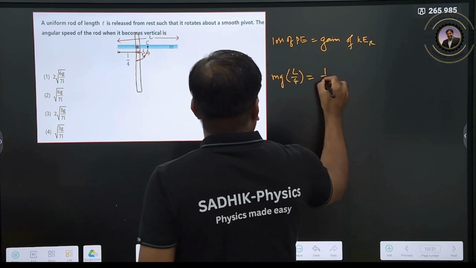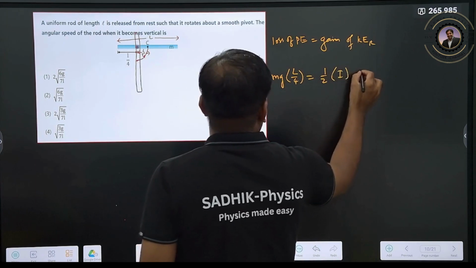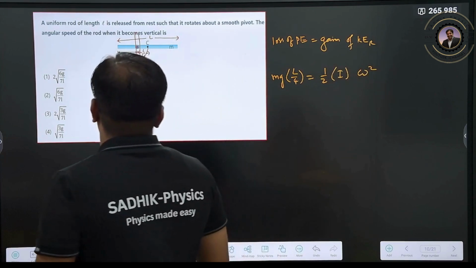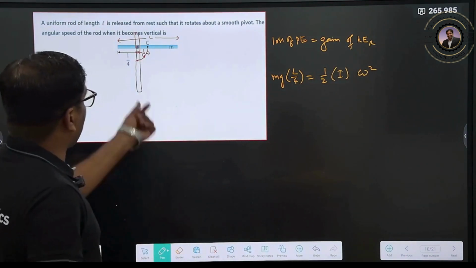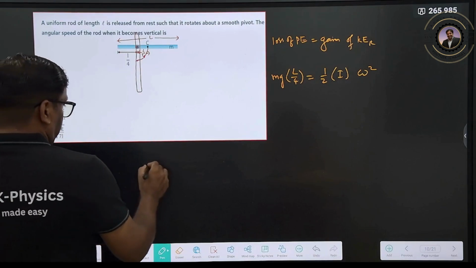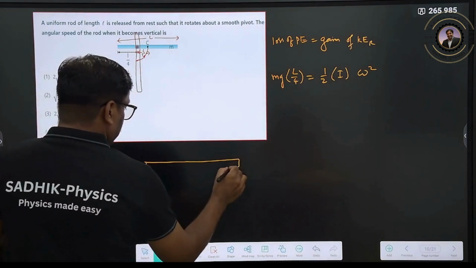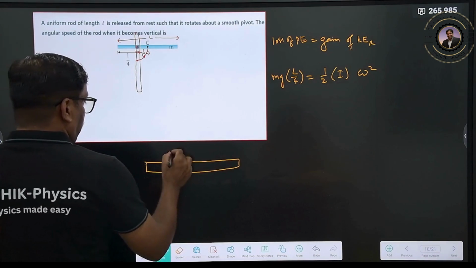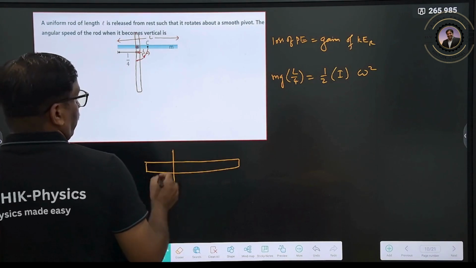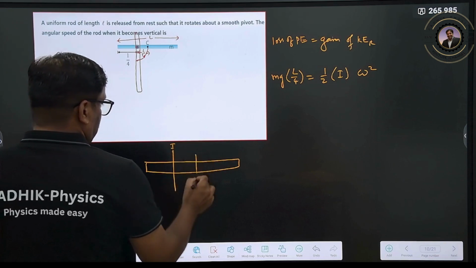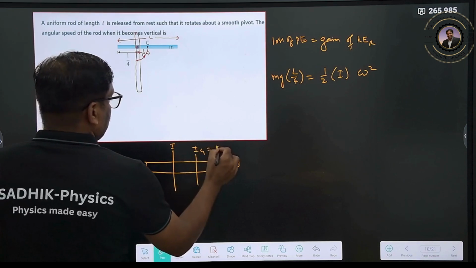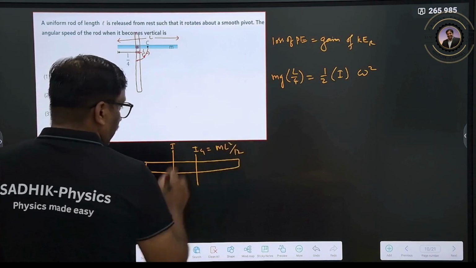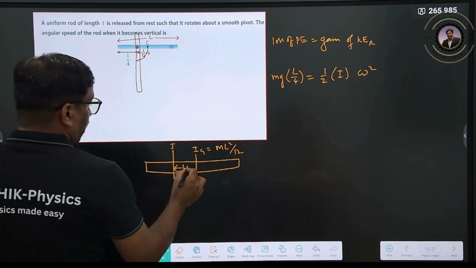Now 1 by 2 moment of inertia into omega square. Where is the moment of inertia taken? At this point. Moment of inertia I about this point: Ig you know is ml square by 12, and this distance is L by 4.